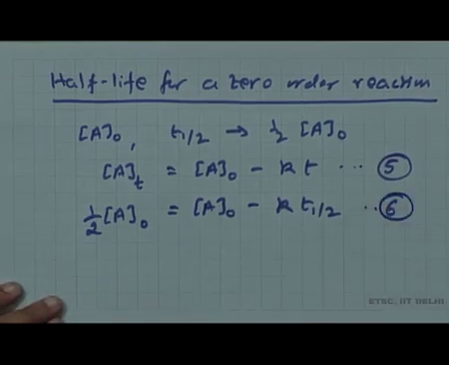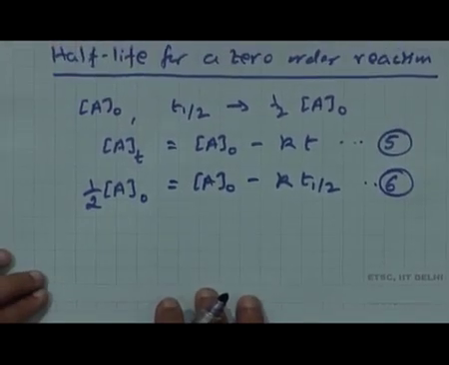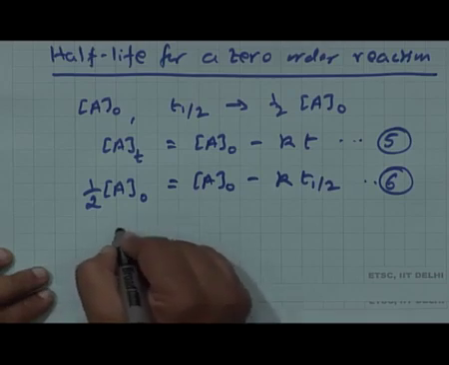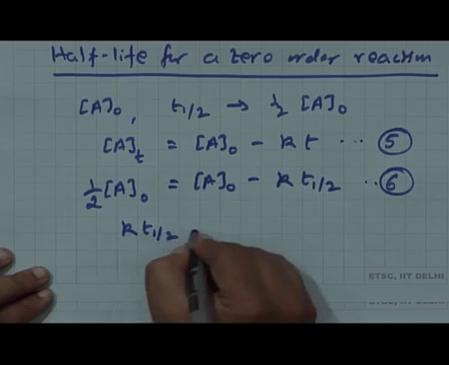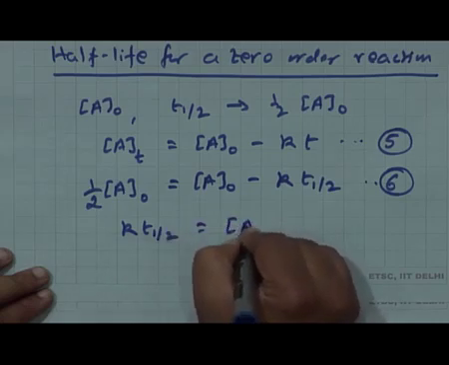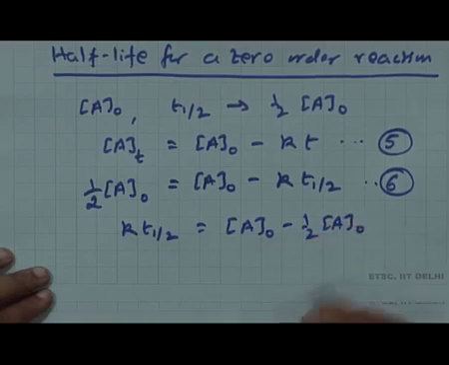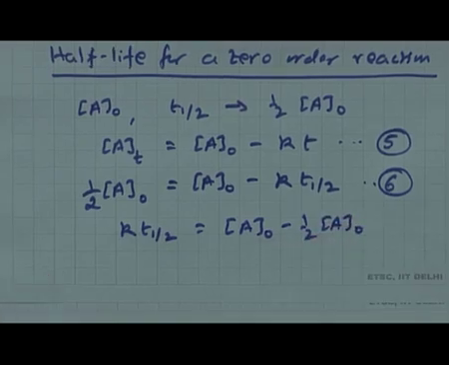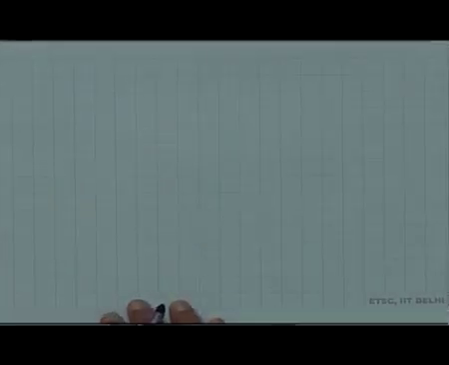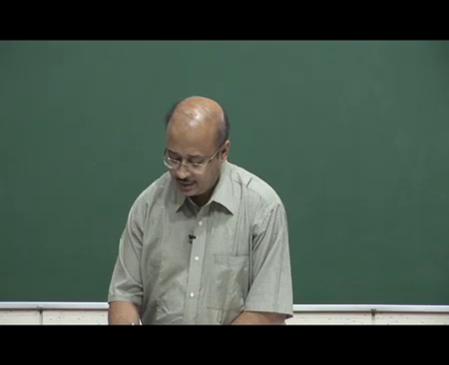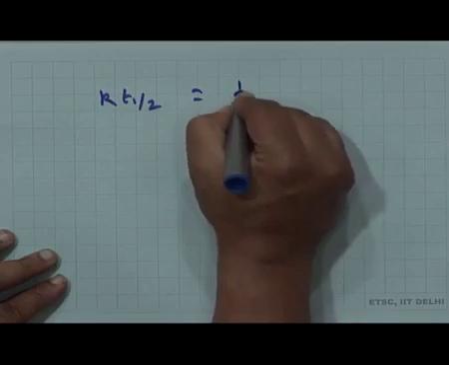So, you keep this as 6. Once we have this, we can easily rearrange and write that k t half is equal to A naught minus half of A naught.